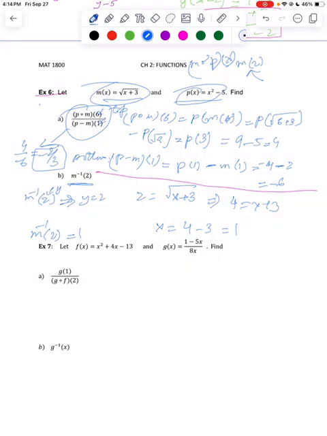So g composed with f of 2 is equal to g of f of 2. Again, now if you want, you can separately find what is f of 2 and then bring it over here, or you can do it directly.